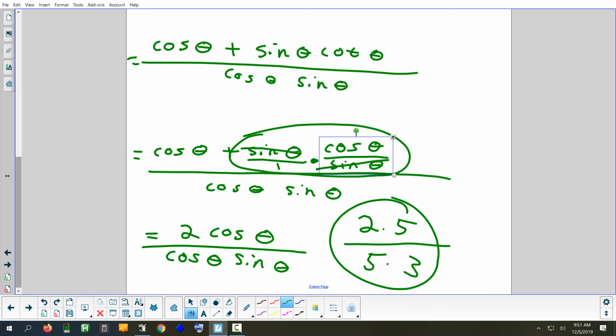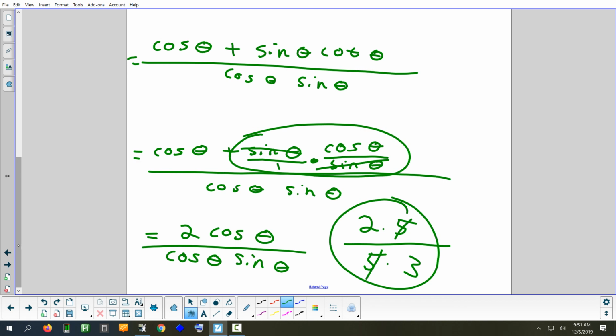What would happen there? You were going to divide those fractions. What would you do first? Cross out the 5s. 5 in the top, 5 in the bottom. So the answer is 2/3.